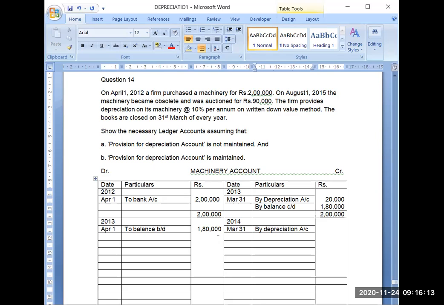Now the written down value is 1,80,000. We have used this machinery again for one complete year. So 10% of 1,80,000 will be 18,000. And again we will calculate the balance.